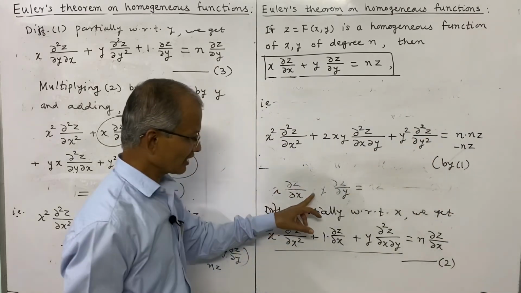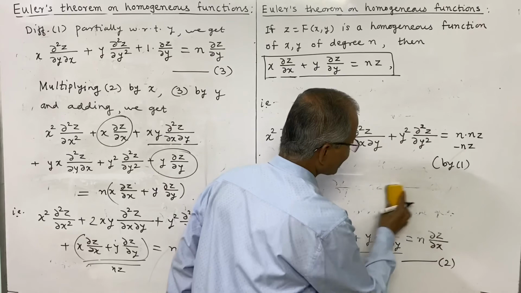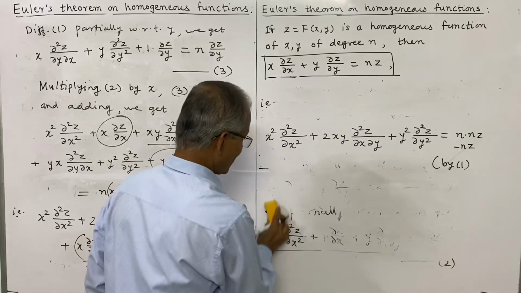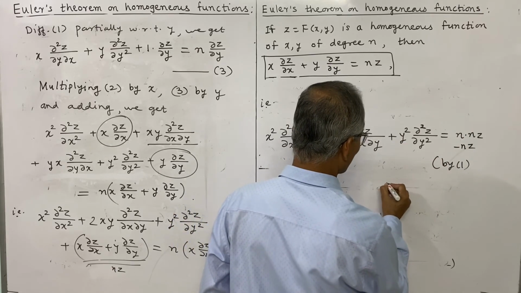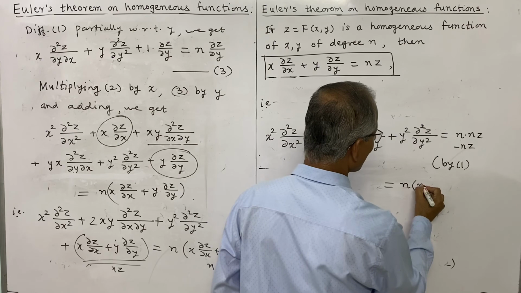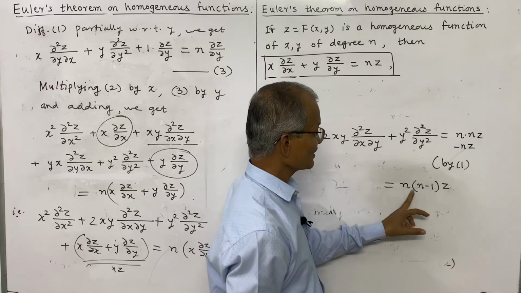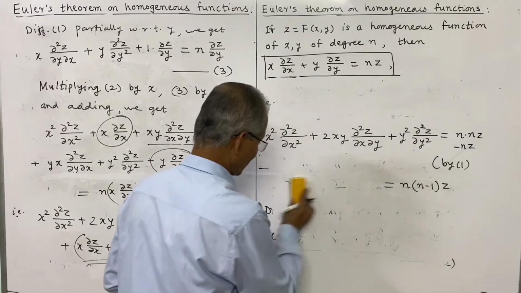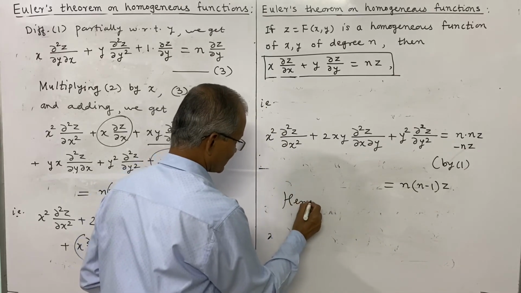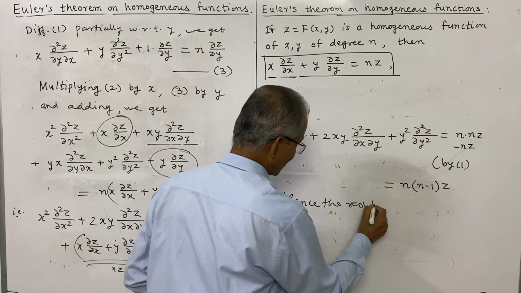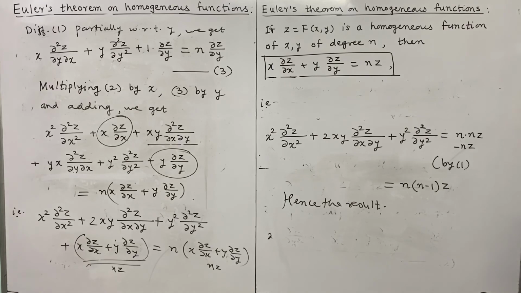Here x dou z by dou x plus y dou z by dou y is equal to nz. And what is the right side? The right side can be simplified. Take nz common, or that can be written as n into n minus 1 into z. See, this is n square z minus nz, and this is the required result. Hence the result. So thus we have proved Euler's theorem and also the corollary on Euler's theorem.